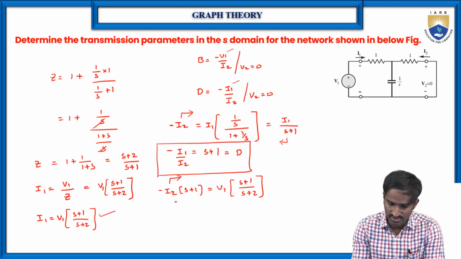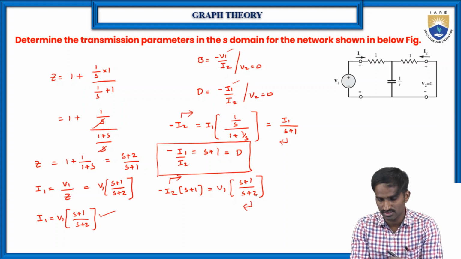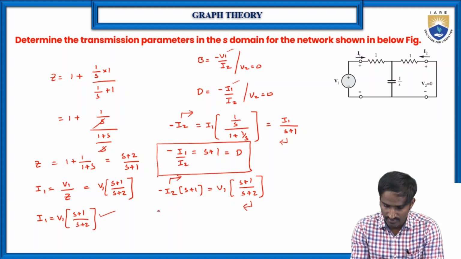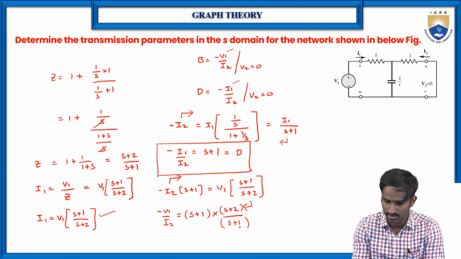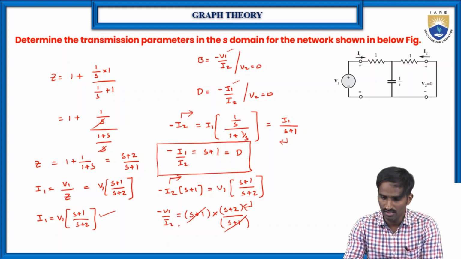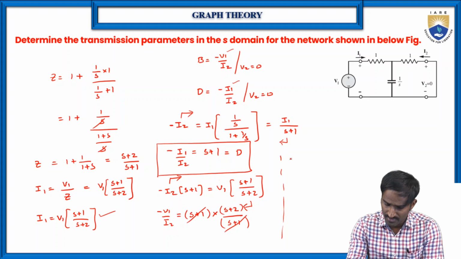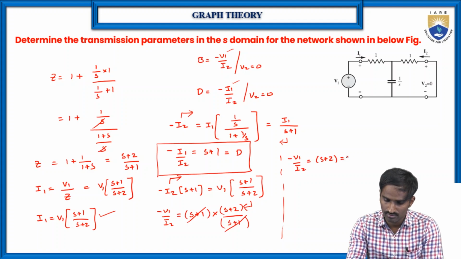Just send I2 this side, and this one this side, so that you will get minus V1 by I2, which is equal to S plus 1 into S plus 2 by S plus 1, right? So this S plus 1 gets cancelled. Then finally you will get minus V1 by I2, which is equal to S plus 2, which is equal to B.